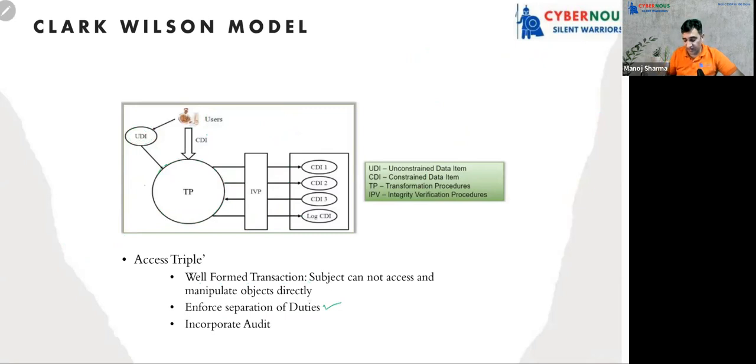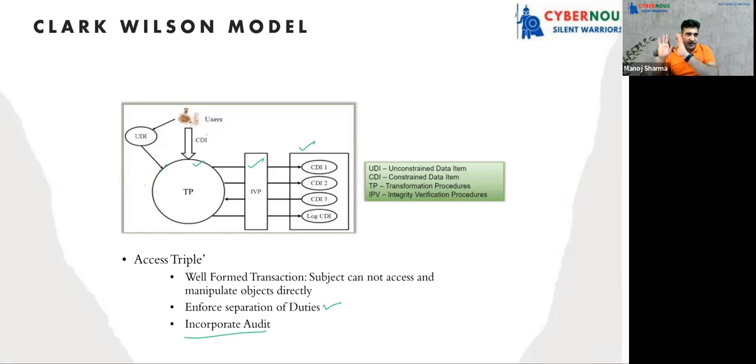The last point here is incorporate audit. That means monitor all the requests which are coming to this transformation process, getting verified and then getting committed in the database. So this way, for any database, let it be Make My Trip, let it be any database in the world, we never expose our database directly to the users.